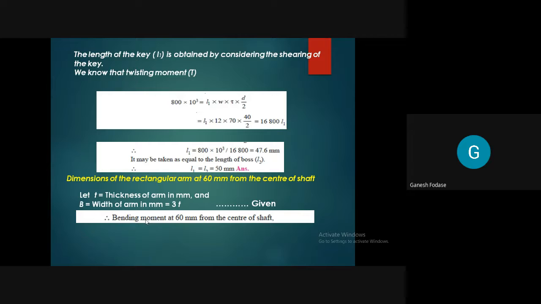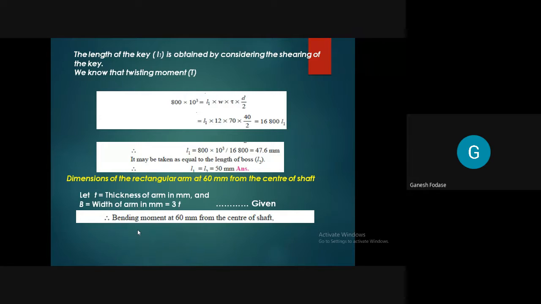Given 60 mm, what is the complete arm length? The complete arm length is 1 meter, that is 1000 mm.